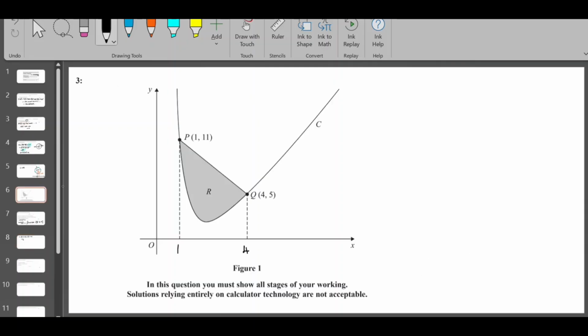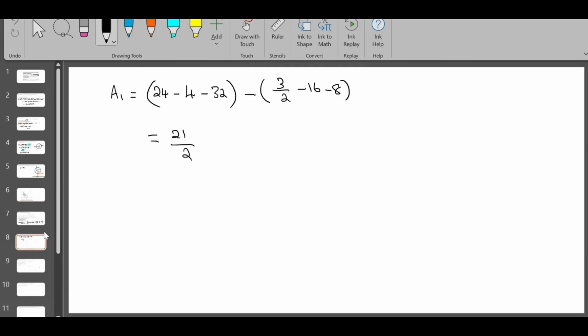Now we need to find the area of the trapezium. This length is 11, the y coordinate here is 5, the distance between them is 4 minus 1, 3. So the area of the trapezium, I'm going to call it A2, is half times A plus B, the length of the parallel sides, times the distance between them, 4 minus 1.